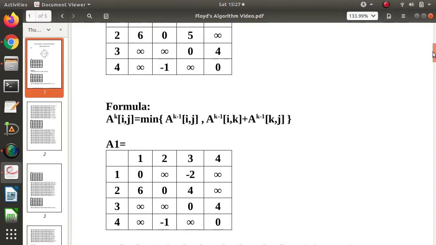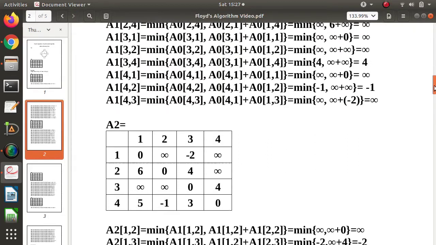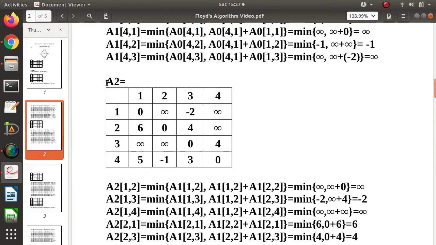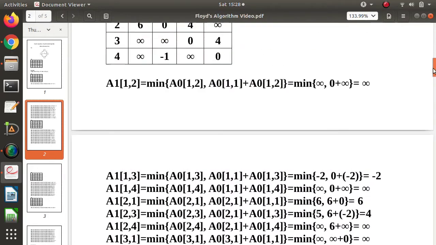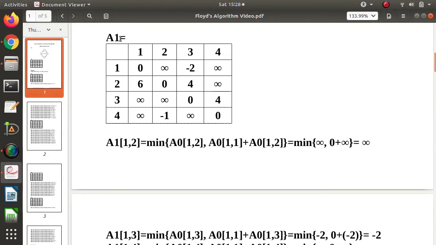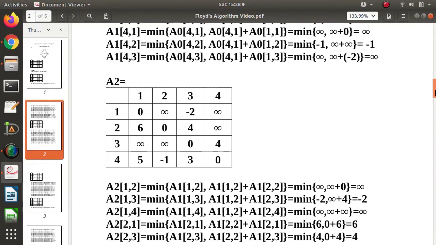Now see, after that, we are calculating matrix A2. So what do we do for A2? Again, in this case, we are taking vertex 2 as an intermediate node. In the previous case we took 1 as an intermediate node, and in this case we are taking 2 as an intermediate node.